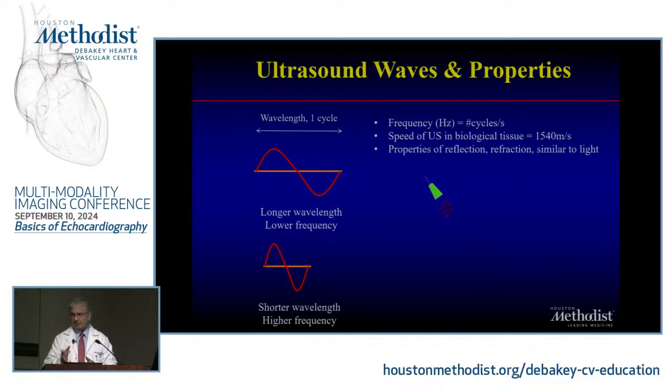So it's an electrical excitation. When you excite this crystal, it will emit a certain frequency. Now, we usually emit them in bursts like this, because if you emit them continuously all the time, you're not going to be able to take advantage of the properties of finding how far a certain image is.